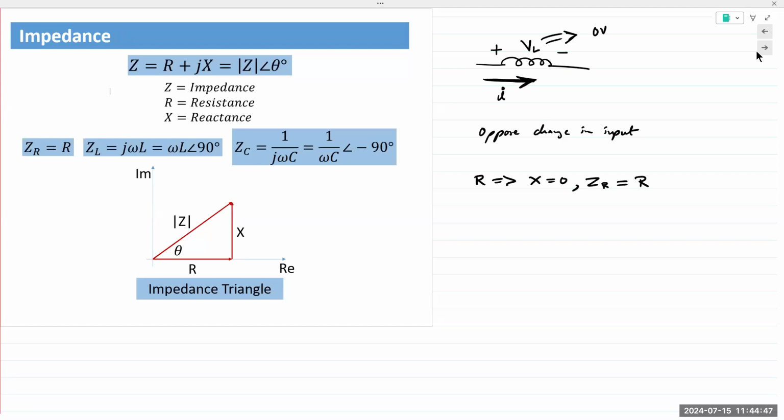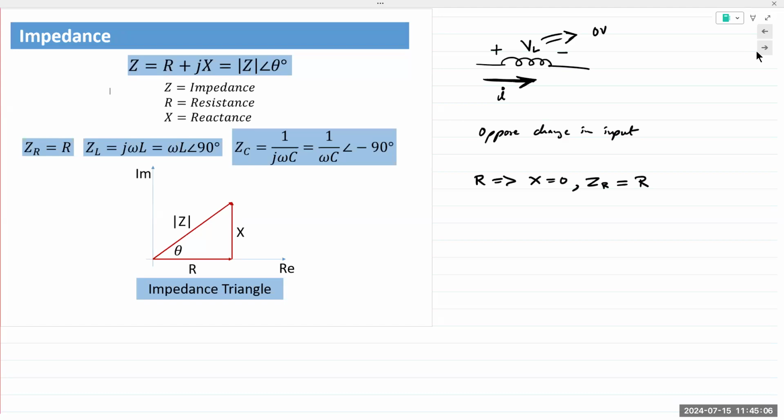But there is nothing imaginary about reactance. It has a physical basis in real life. It is only the mathematical representation that we term as imaginary.